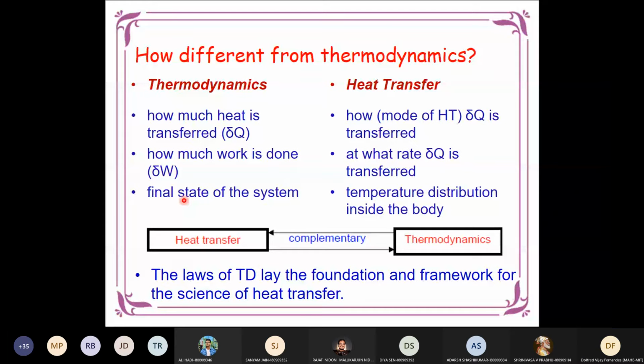Sir, Carnot. How many cycles you have studied? Yeah, Carnot is the efficient cycle.